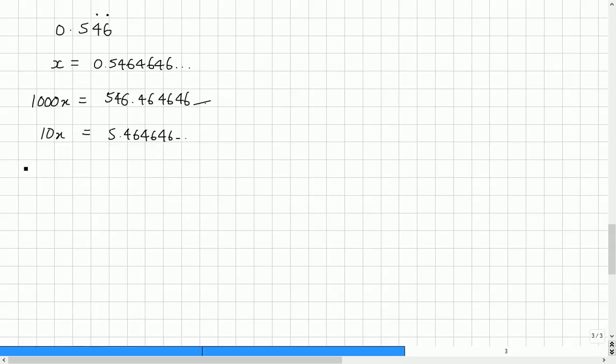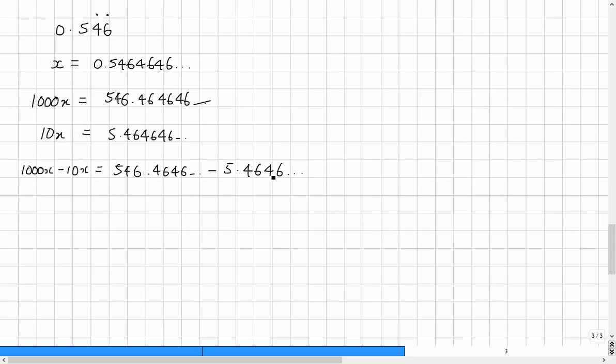We're going to get 1000x minus 10x equals 546.46 recurring minus 5.4646 recurring.